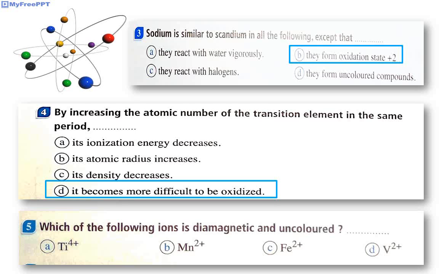Diamagnetic means uncolored. So titanium plus 4, as its electrons in the orbitals are paired, half filled or completely filled.